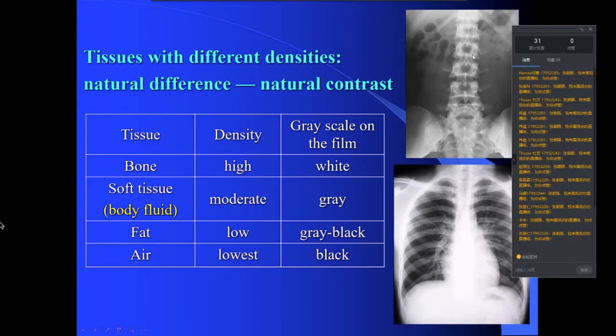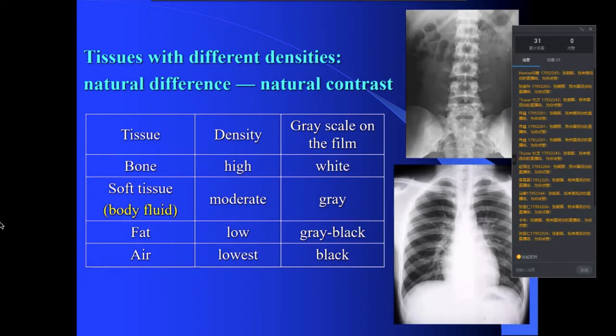Maybe you have a question. This is an X-ray film of the lumbar spine. Why is air within the intestine and stomach displayed? Because all body tissues and organs penetrated by X-rays will be displayed on X-ray film if they cause enough difference of attenuation of X-rays from surrounding tissues. The lumbar spine is in the back of the body.